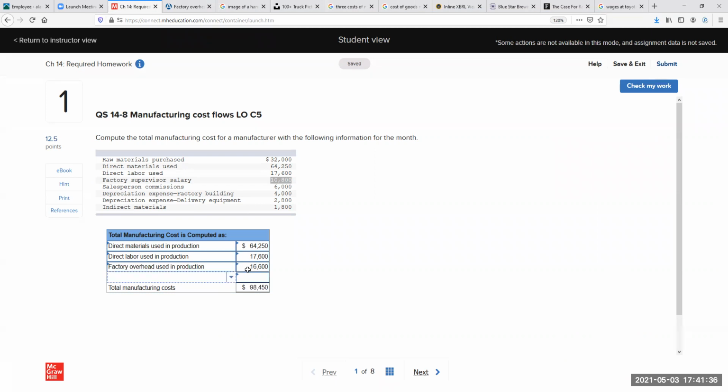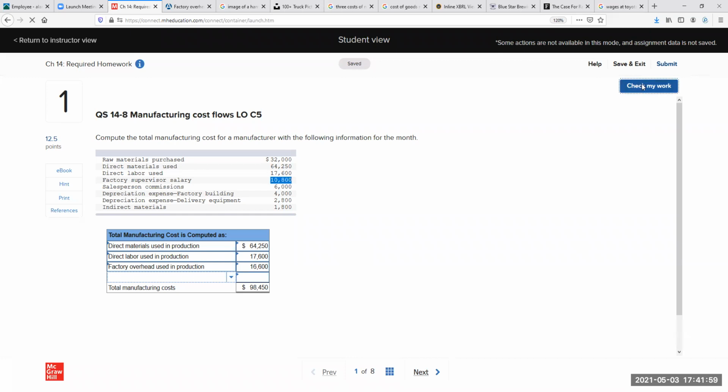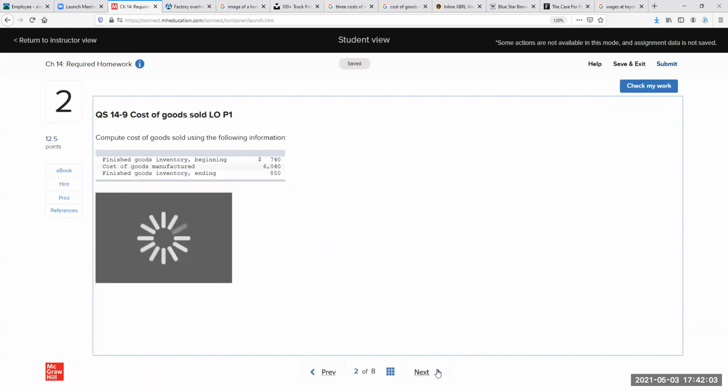So it's primarily indirect materials, indirect labor, anything you cannot directly trace, a material or a labor you can't directly trace, as we talked about right here: production, quality, materials, rent, utilities, insurance, fringe benefits, depreciation on the warehouse, factory tools, insurance, property taxes. All right. So let's see how we did. Okay, very good. Let's try number two.